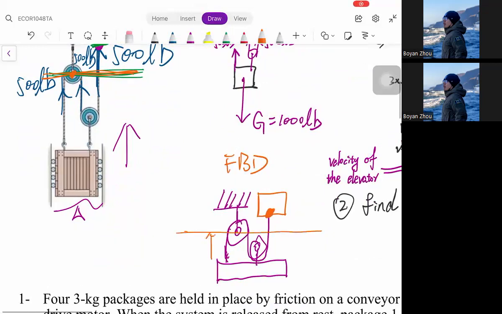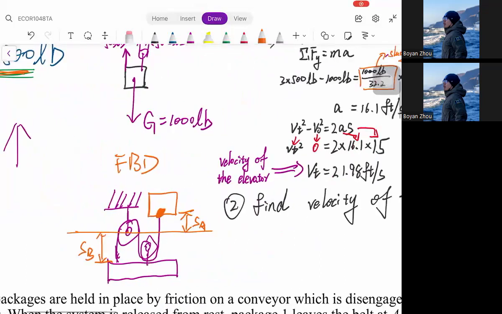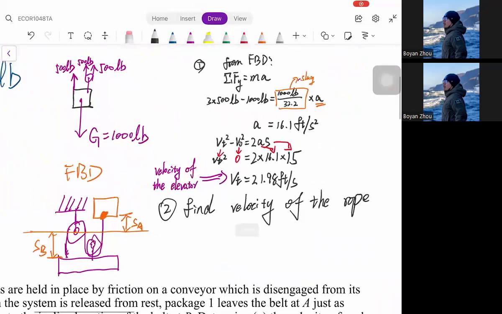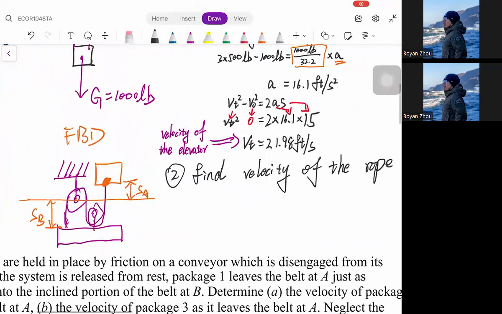And then I'll say going all the way down is SB, and going to the motor, or the point we choose, is SA. And then just like before, we say the total length of the rope from here all the way to here is a constant, and that is equal to going up, that is the first SB.